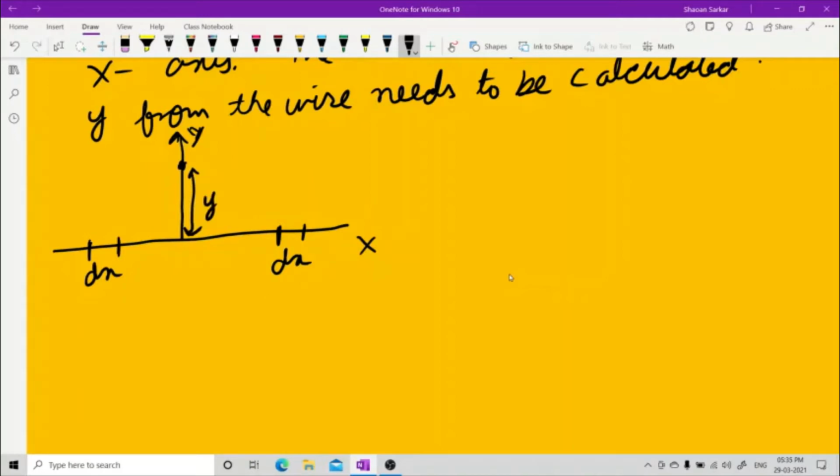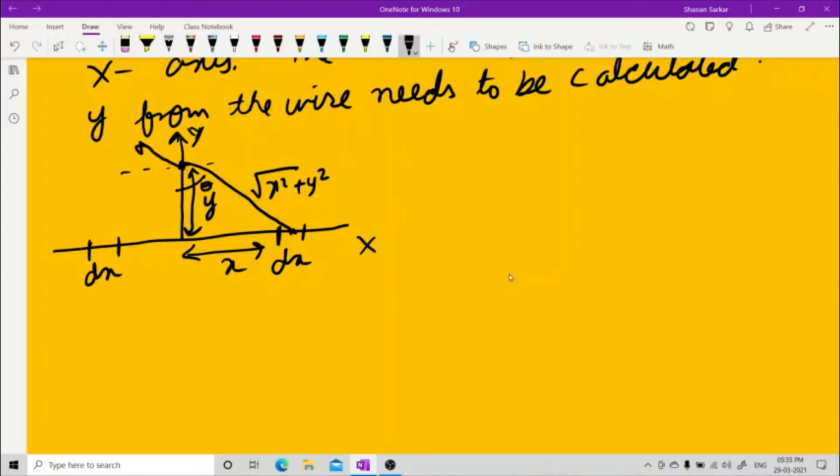Now the electric field due to this part: this is at a distance x. Consider the elementary length at a distance x. So this distance is under root x square plus y square by Pythagoras theorem. This is making an angle theta, so the electric field will be in this direction.